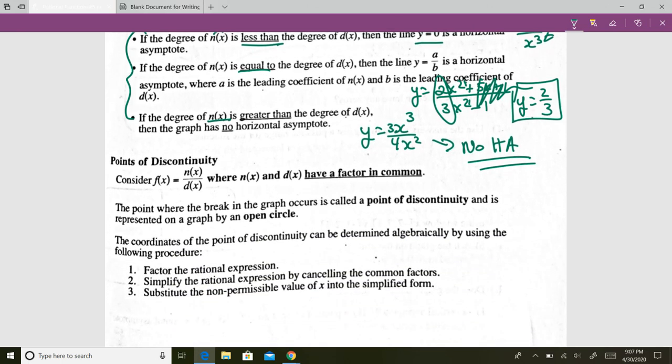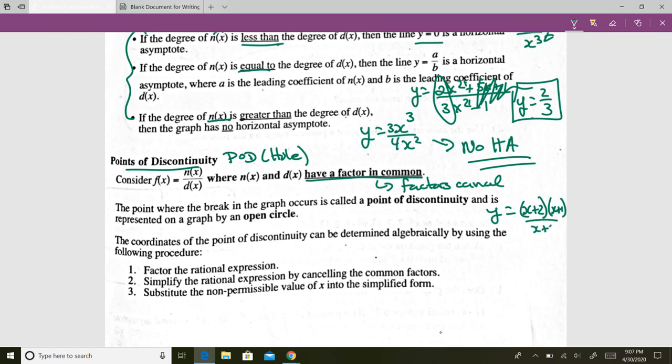All right. And then remember, if you have a factor in common, in other words, the factors cancel, that is a point of discontinuity, POD, or a hole in the graph. So that is something like (x plus 2)(x plus 1) over (x plus 2).